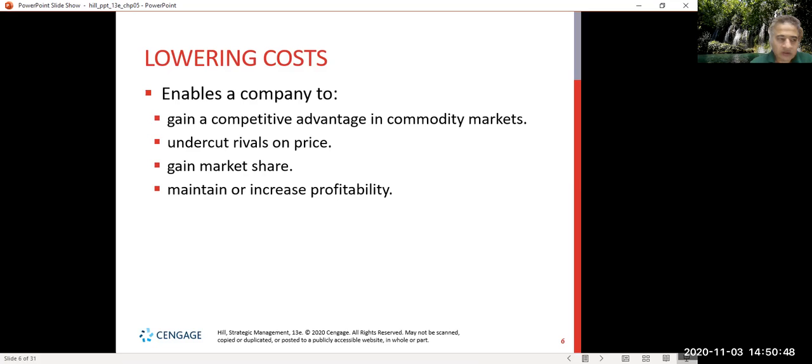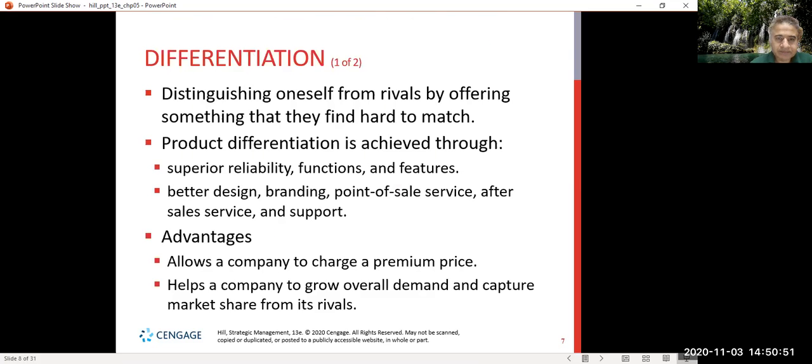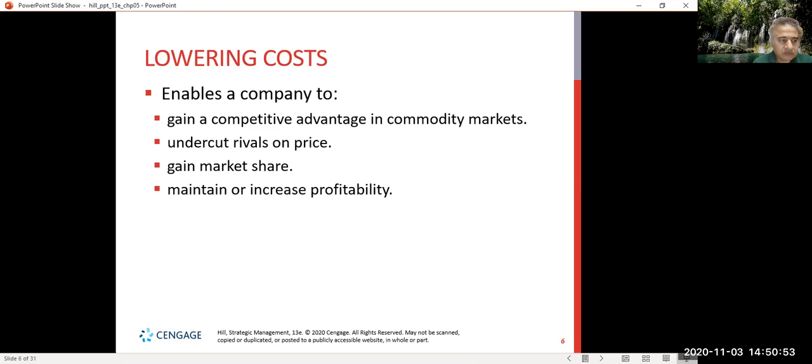So by lowering cost, let's say if we talk about the commodity markets, the comparative advantage goes to the company that has the lower cost, and low cost will enable a company to make a profit at a price point where its rivals are losing money.